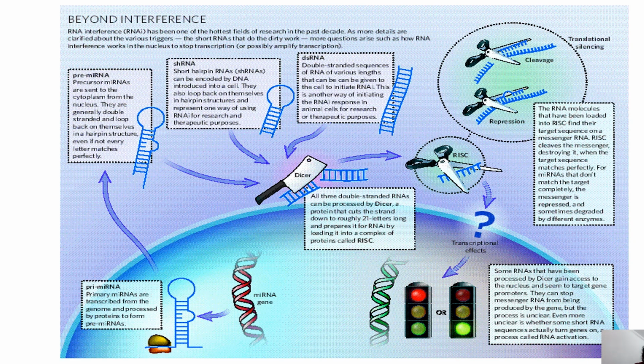They are generally double-stranded and loop back on themselves in a hairpin structure, even if not every letter matches perfectly. shRNA, short hairpin RNAs.